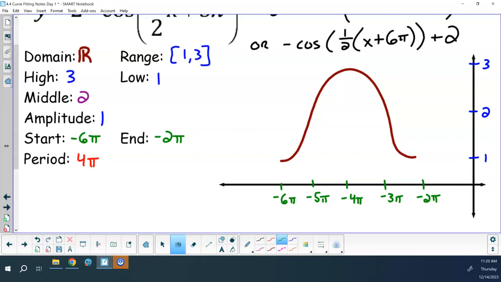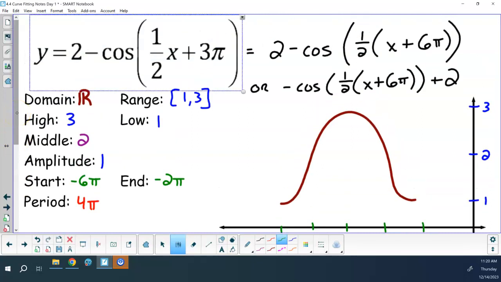Because now would be the time to ask. What do you mean? Right there. It's minus cosine. Because of this sign right here.